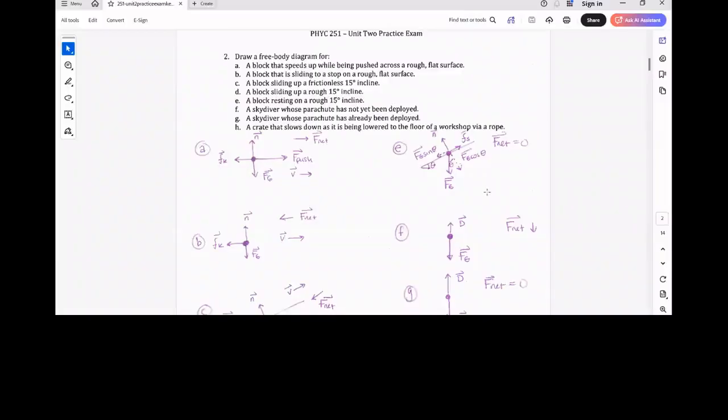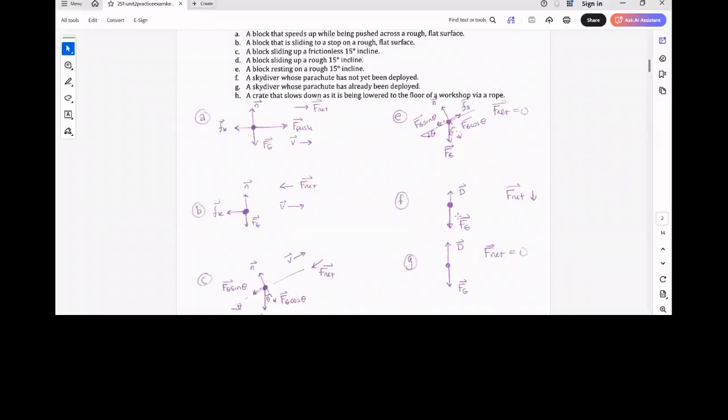F, a skydiver whose parachute has not yet been deployed. So we're assuming that our skydiver has already jumped out of the plane here. So their downward velocity is going to be something bigger in magnitude than zero. They're not at rest. And as a result, because their vertical speed is something other than zero, drag is going to be present. It's going to be acting opposite the gravitational force.